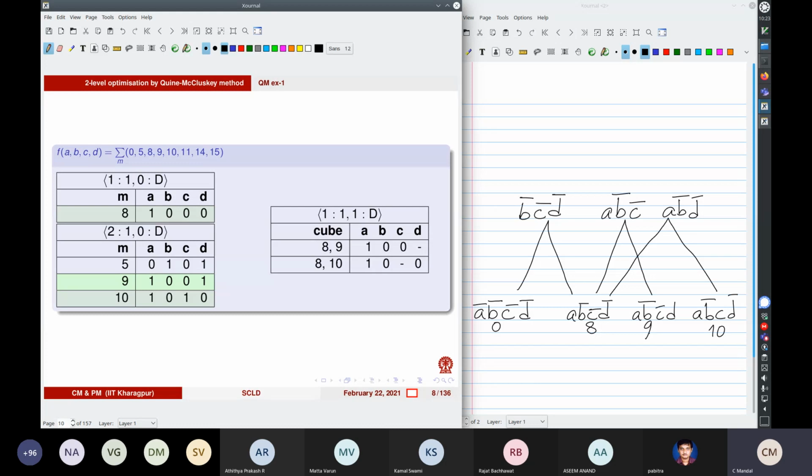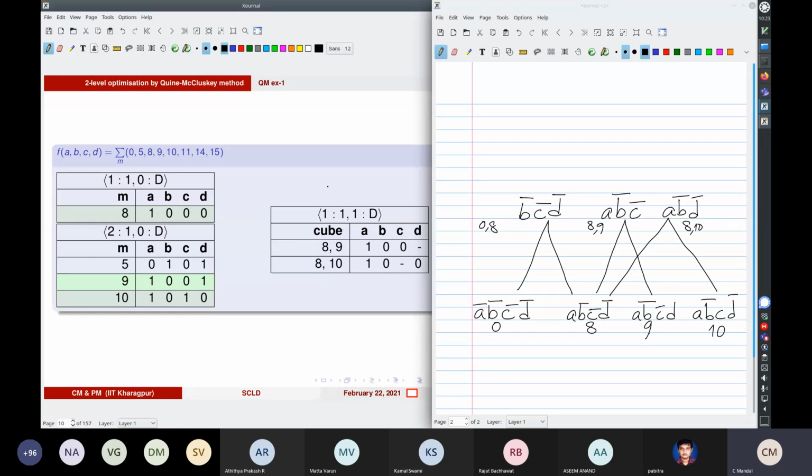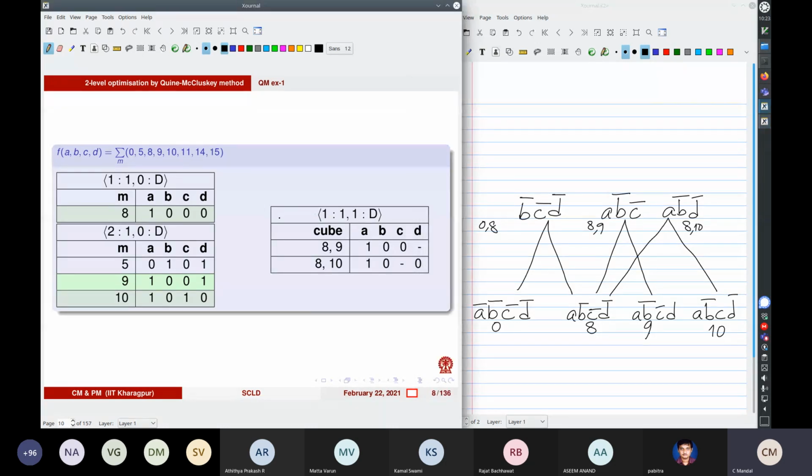As you can see, this is 0, 8, and this is 8, 9, and this is 8, 10. All right. So these are the cubes which are adjacent to 8, apart from the all 0 cube, which you have already handled earlier.